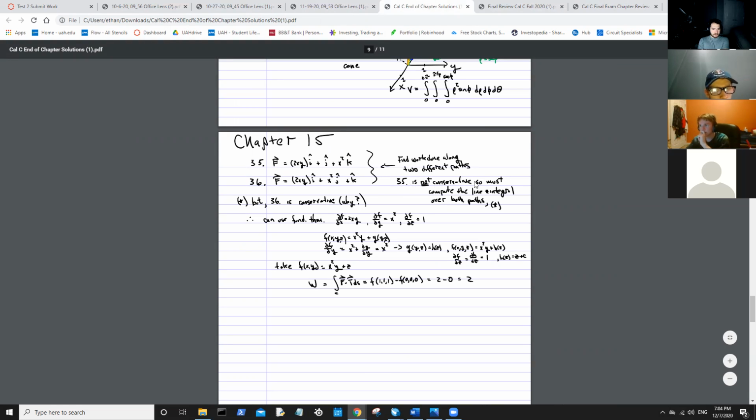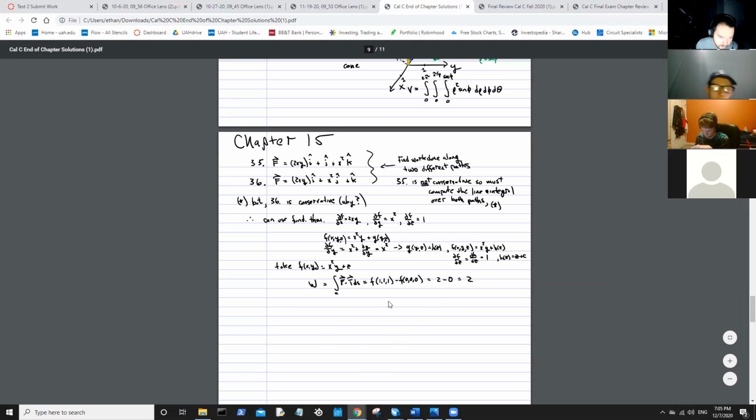He just said it's not conservative, so you have to find two different paths. And then he did 36, which is actually solvable. This one is finding the potential function and then evaluating it at b and a. So tip minus tail.